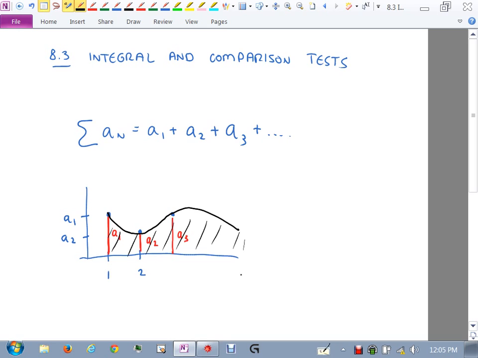So the integral test says something like, well, if the integral is finite, then this sum should be finite, right? Would you agree? If the total area under here is pi, then this sum should also be what, less than pi? Now, it's not going to tell me what it is, but it's going to tell me it is less than pi. So I'm not going to be able to get an answer, but I'm going to be able to determine whether or not I do have convergence or divergence. All right? That's the idea behind the integral test.